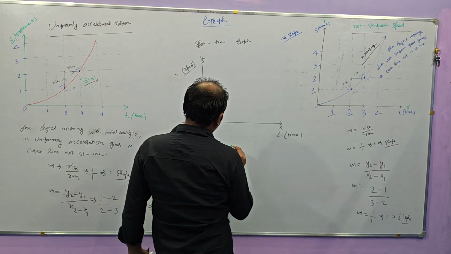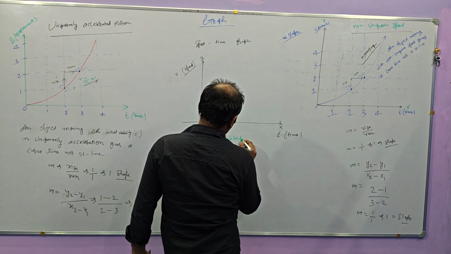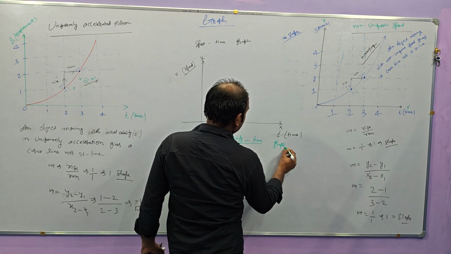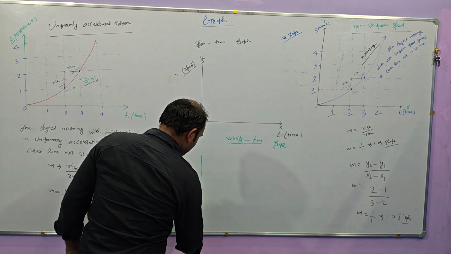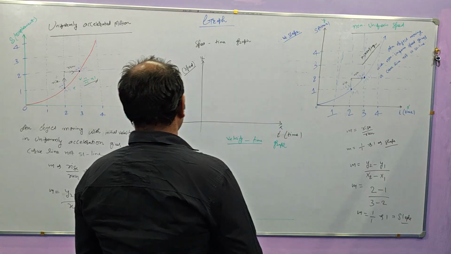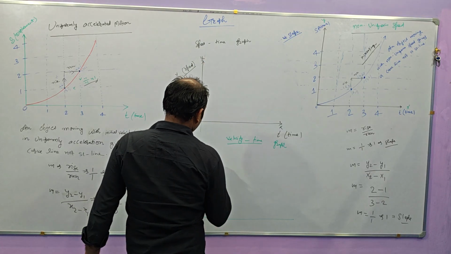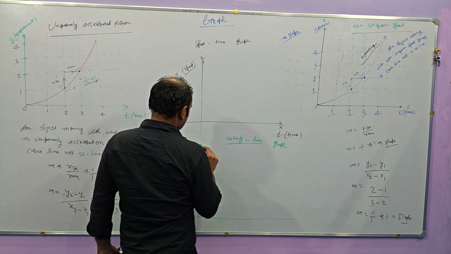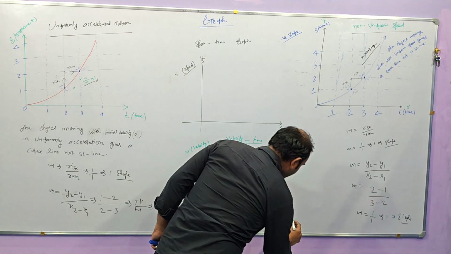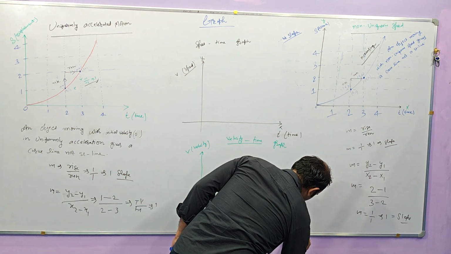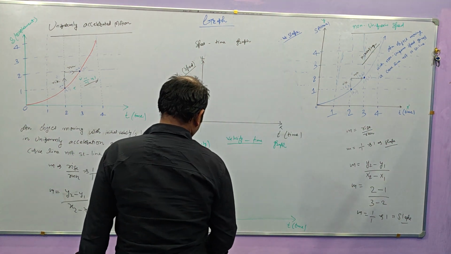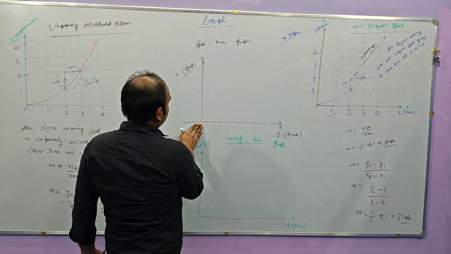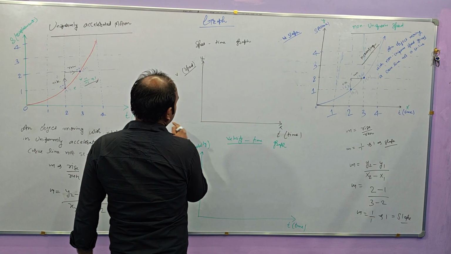In a velocity time graph, the y-axis is velocity v and the x-axis is time t, and this is our 0.